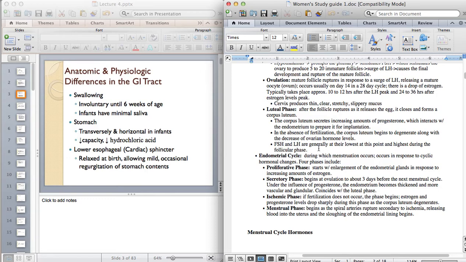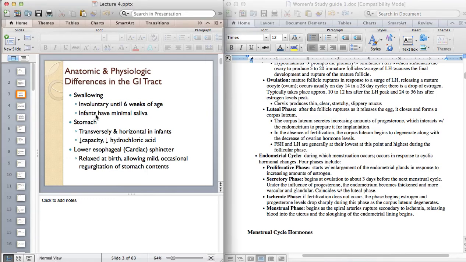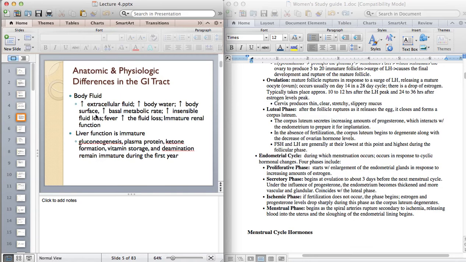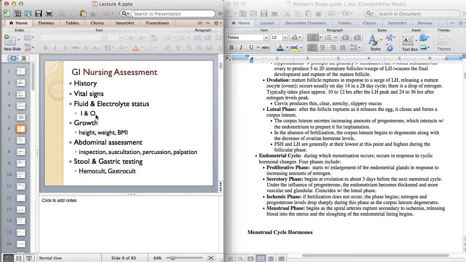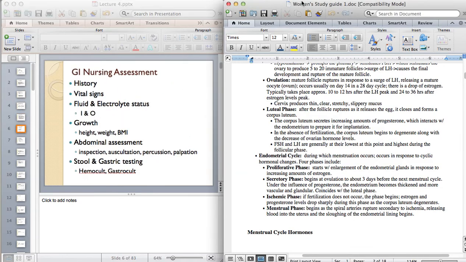And then when we get to the individual conditions, we kind of zero in on what we're looking for in those conditions. So as we did with respiratory care, with the GI, your number one thing you would like to do is get a history from the caregiver and/or from the child if the child is old enough.